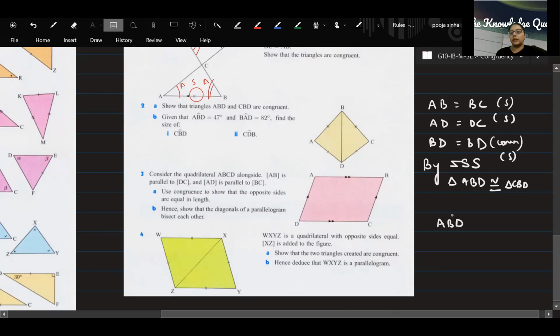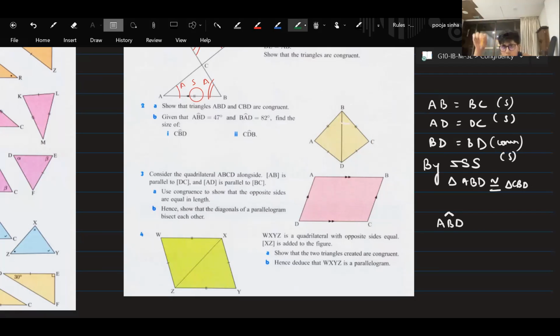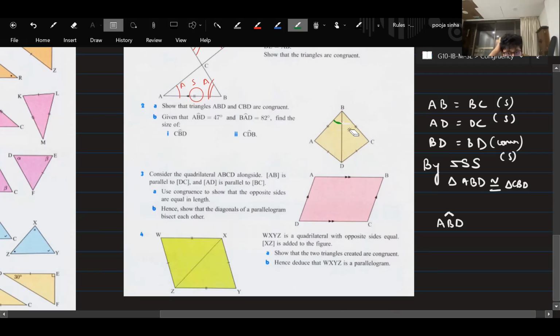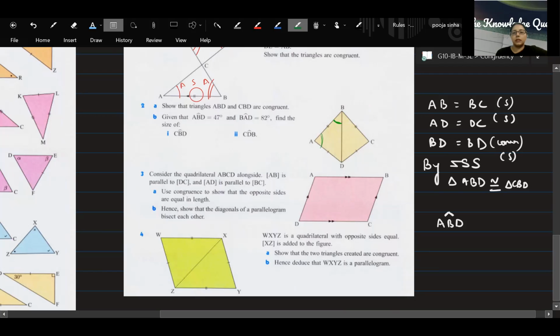If there is a symbol at the top, that means they're talking about an angle. So basically, which angle here? I'll show you. ABD, no? Can you see my green color? Yeah. That's ABD. BAD is this. AD is this.